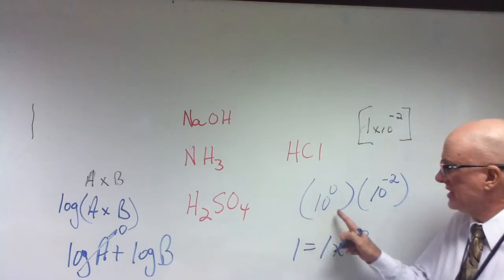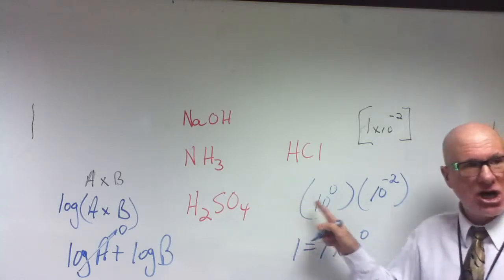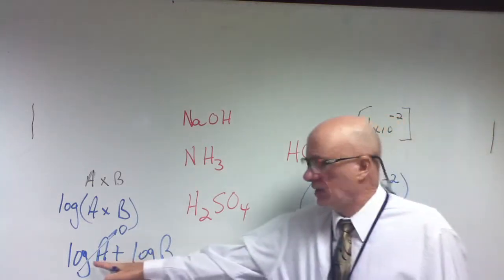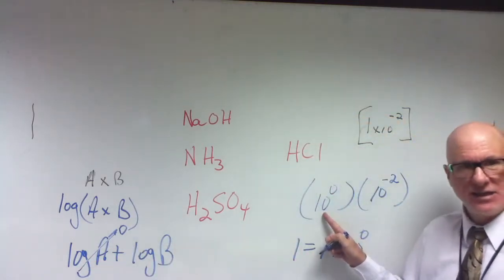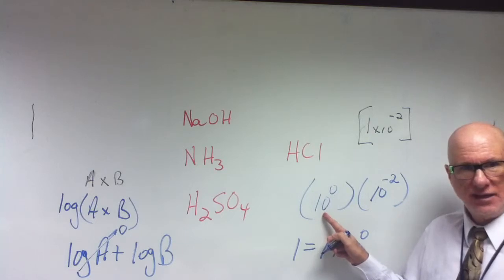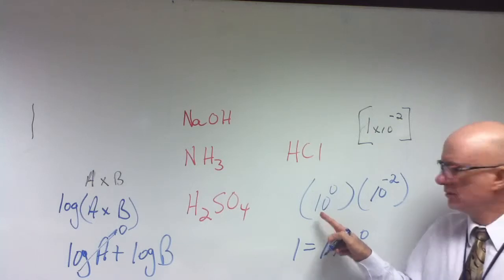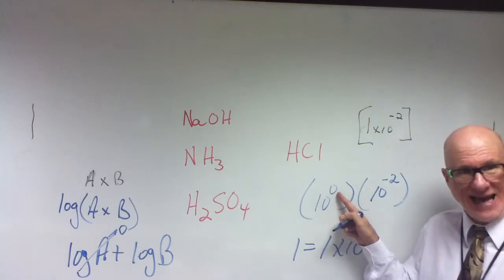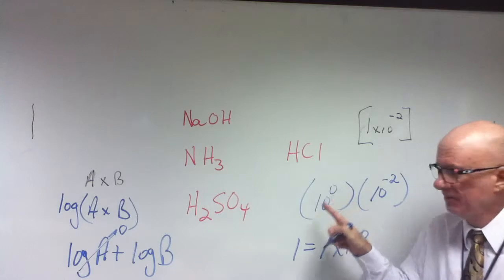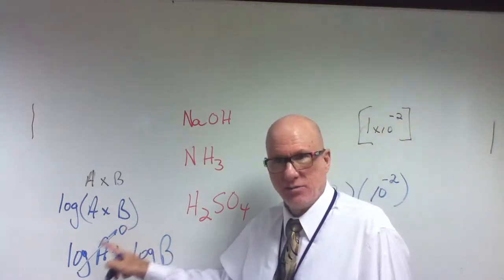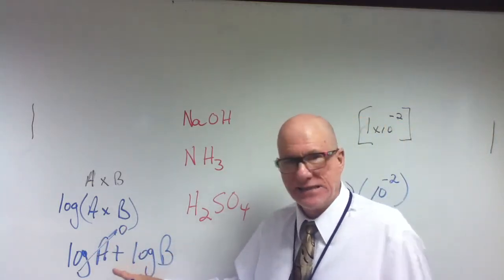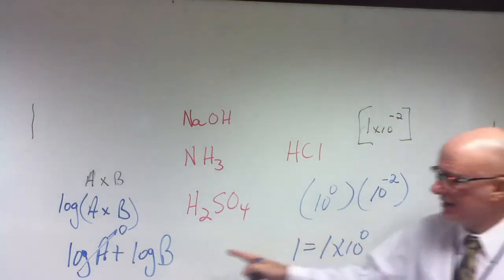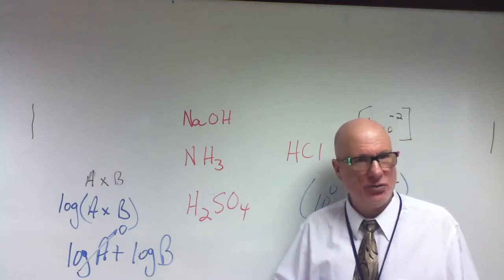Yes? So if I say the log of this expression, it's the log of the first, 10 to the 0, okay? The exponent is 0. So that drops out. Plus, not times, plus the log of 10 to the negative 2, which is negative 2.